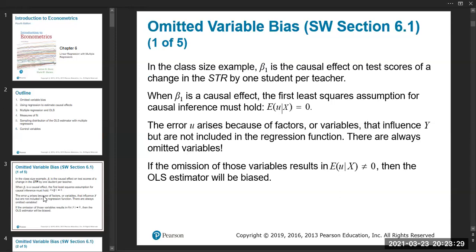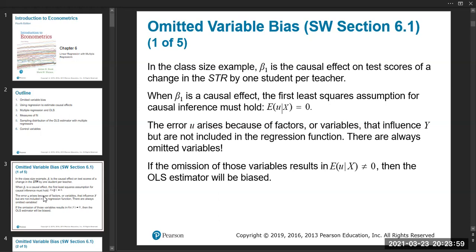Okay, so what is omitted variable bias? Let's get back into our example first. In our class size example, beta 1 is the causal effect that we're interested in knowing. That is, how much would the score change if we change 1 unit of the student-teacher ratio?